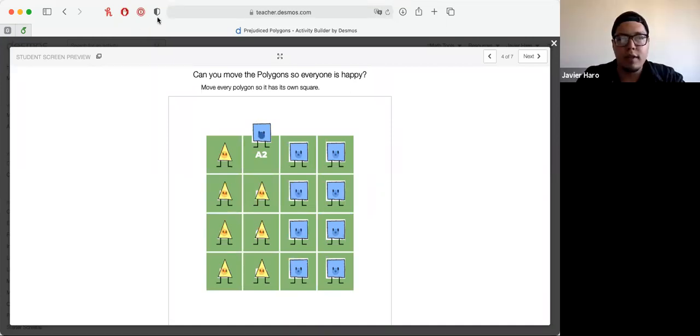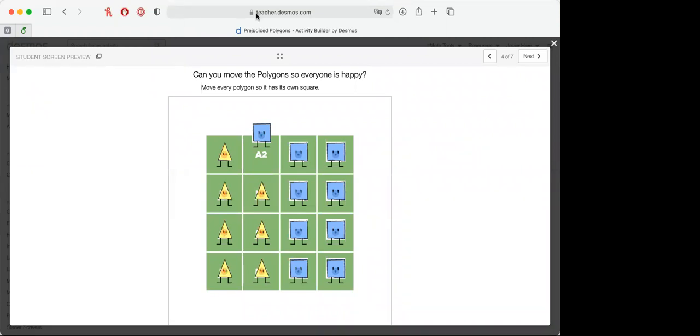So Spencer and I are asking the question to everybody. Is A2, the square on A2, happy or not happy? And you can say yes or no. Ooh, a lot of yeses.